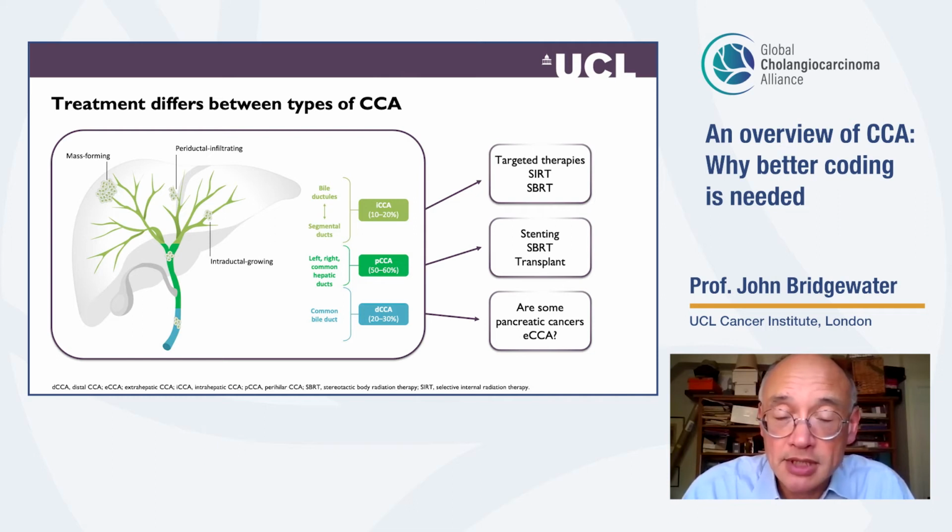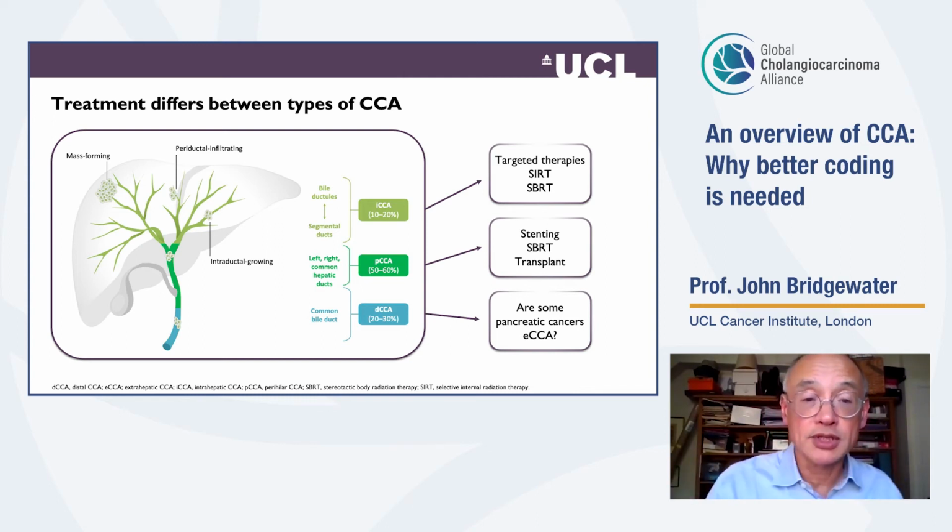You'll have heard about the recent approval of pemigatinib by the National Institute of Clinical Excellence. We're testing for the use of pemigatinib and other drugs, because if you have an intrahepatic cholangiocarcinoma, you have a 50% chance of having one of these what we call actionable alterations, targets that we can hit with other things.